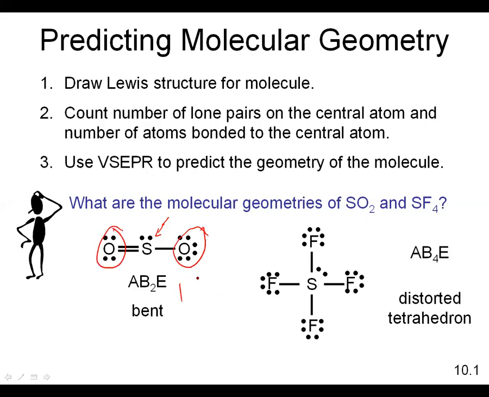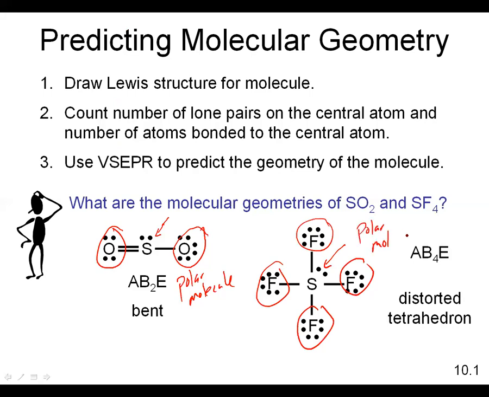Pretty safe bet to say that this is going to be our polar molecule because of that. Same thing over here. I see dots on our central atom, and everything on the outside is the same. It's not square planar and it's not linear in terms of expanded octet, so we would expect this guy to be a polar molecule. That's a quick way that you could go through molecular polarity by using your Lewis structure and seeing whether or not there are dots on that central atom. Any questions on that? Okay.